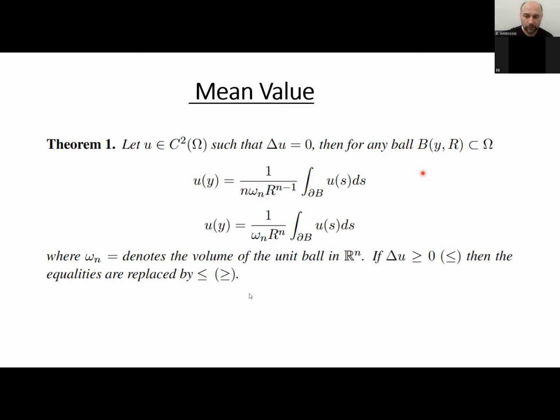I obtain that the integral of u minus M equals 0. And since u minus M is non-positive, we have that u equals M all over the ball. So this implies that u equals M on B.